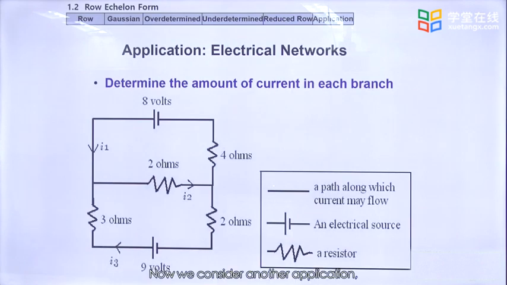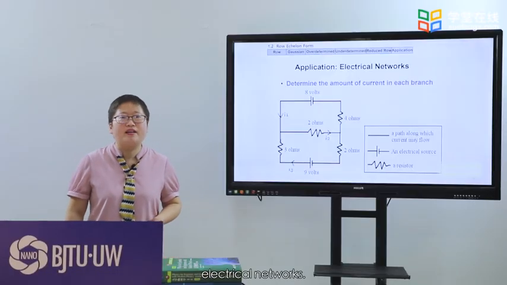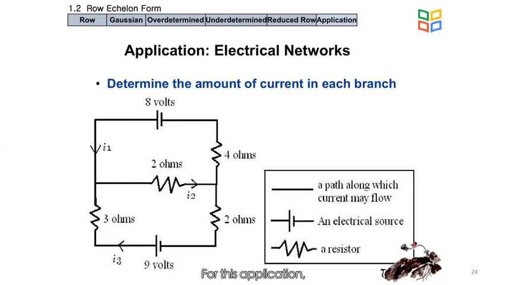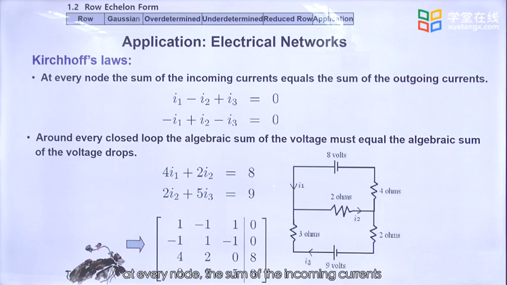Okay, now we consider another application, electrical networks. For this application, we want to determine the amount of current in each branch. So we have this one, and using these laws, Kirchhoff laws, at every node, the sum of the incoming currents equals the sum of the outgoing currents.